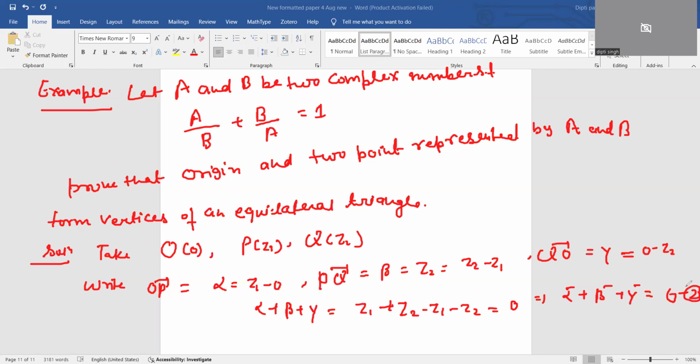Also, the triangle is equilateral, so all its sides are equal.